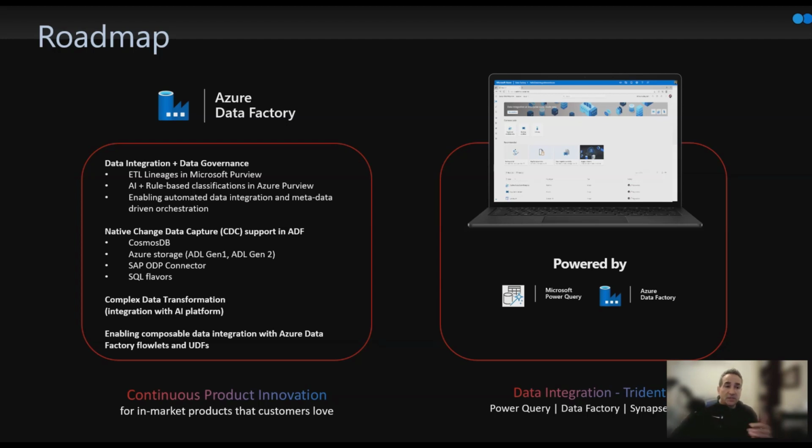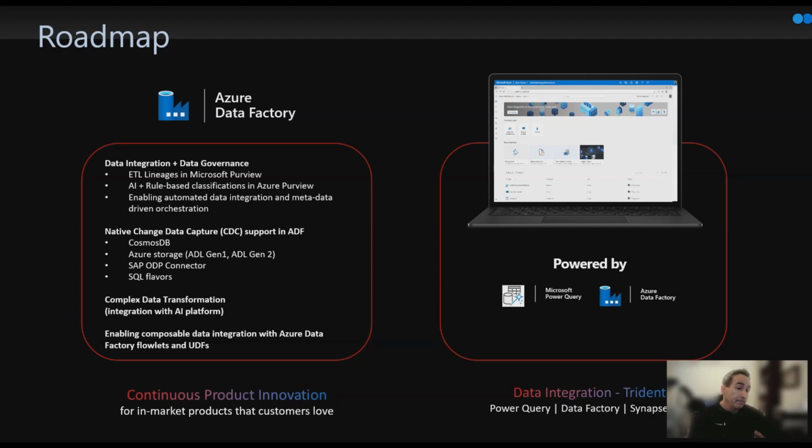The native CDC capabilities as well, to be able to only bring in the changed set of data, is something that we've invested in quite a bit very recently, and we're going to do more of that. Complex data transformation gives you the ability now to build data transformations in a low-code environment that uses the Microsoft AI platform and cognitive services to do things like mask PII data automatically for you, and also to read data out of a table in a PDF document.